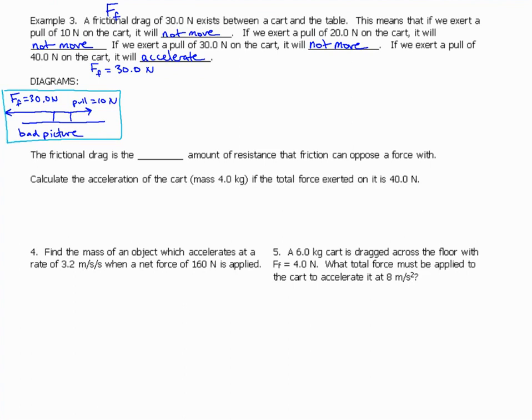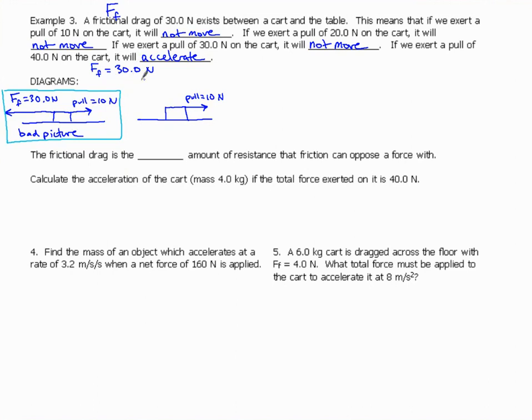Here's a better version of the same picture. So we have the table. Here's the cart. I am exerting a pull of 10 newtons. This says it won't move, and it won't move because there's a balanced force. The force of friction is 30 newtons.